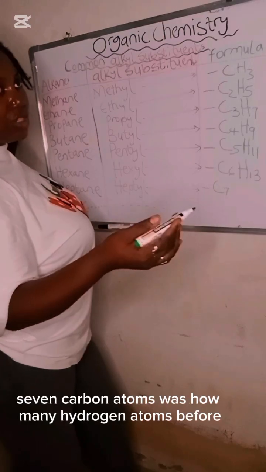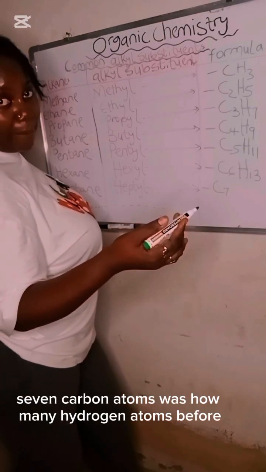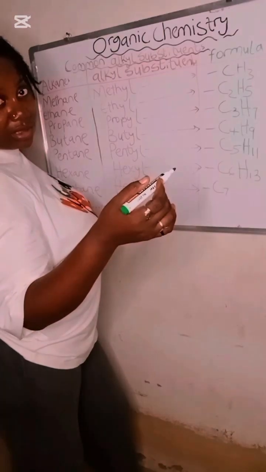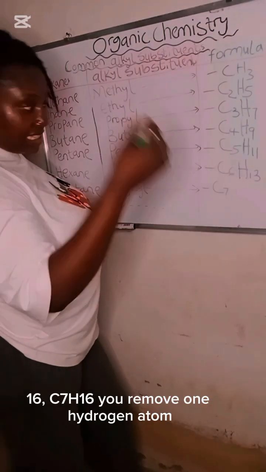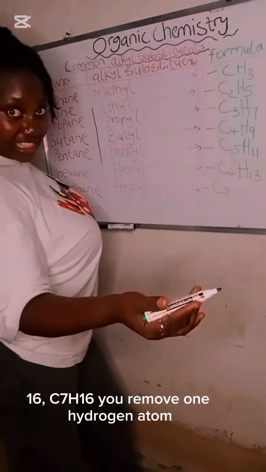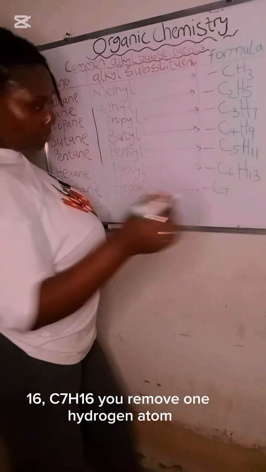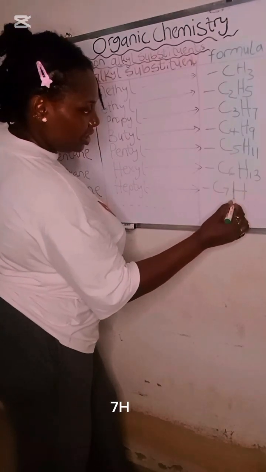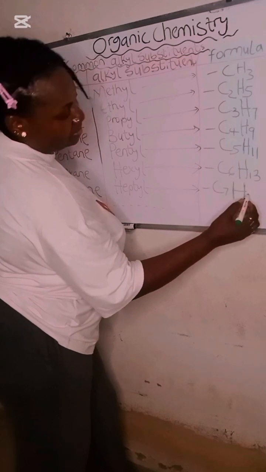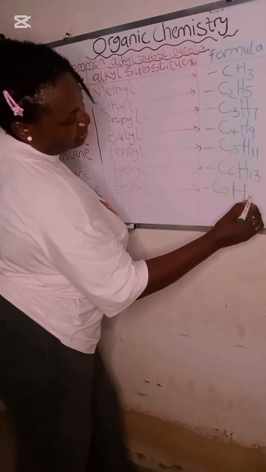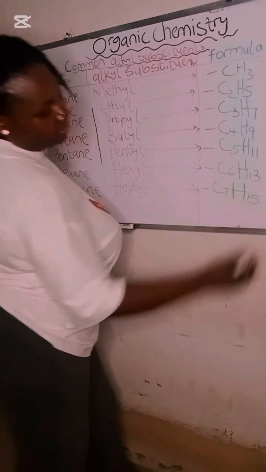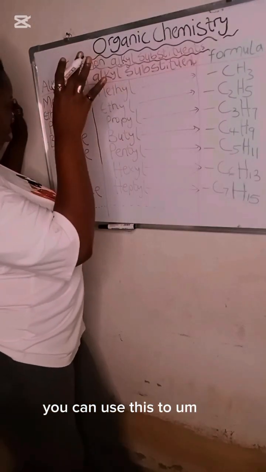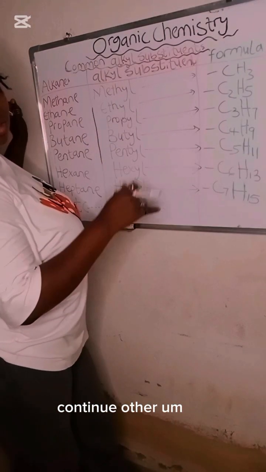How many hydrogen atoms was it before? 16. C7H16. You remove one hydrogen atom, how many will you have? C7H15.